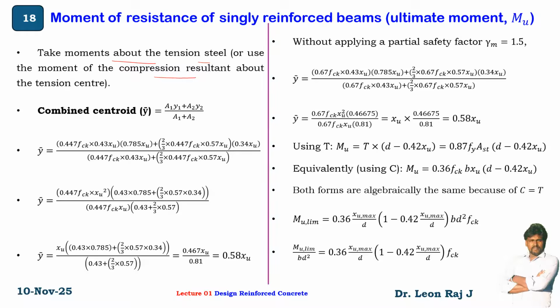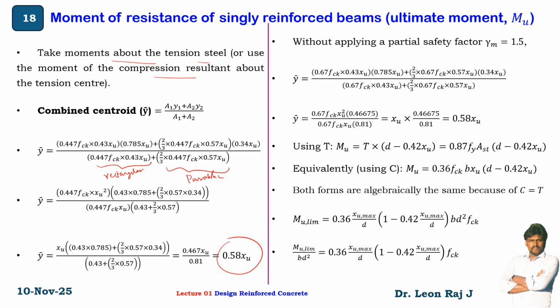Centroid is nothing but A1 Y1 plus A2 Y2 divided by A1 plus A2. A1 is nothing but the rectangular portion, and A2 is nothing but the parabolic portion.